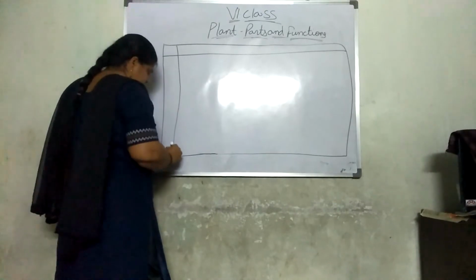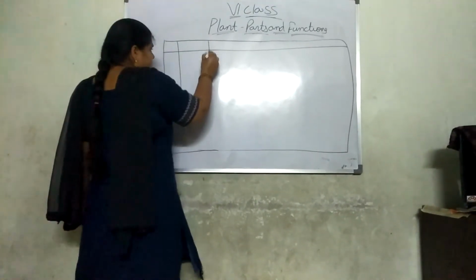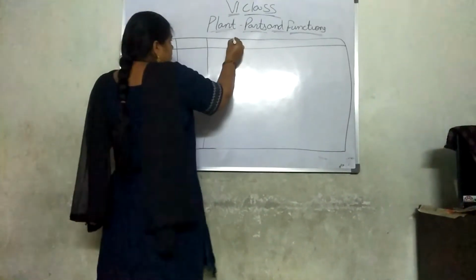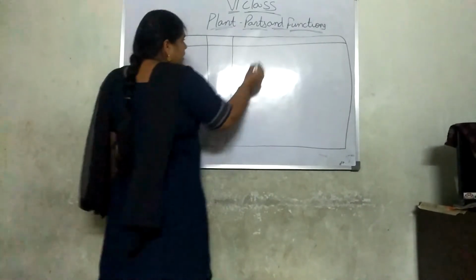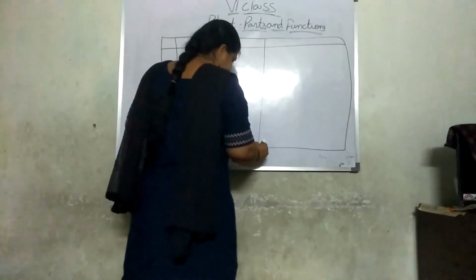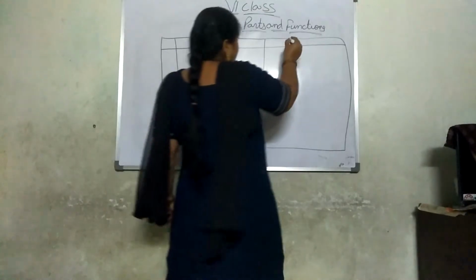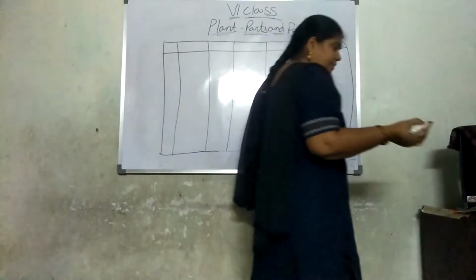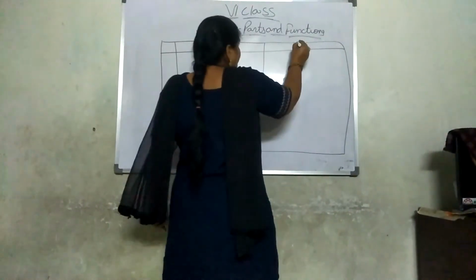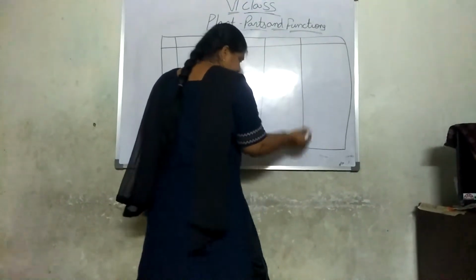So now here comes serial number, here leaf base, here petioles, here lamina, then shape of the leaf and edge of the leaf.